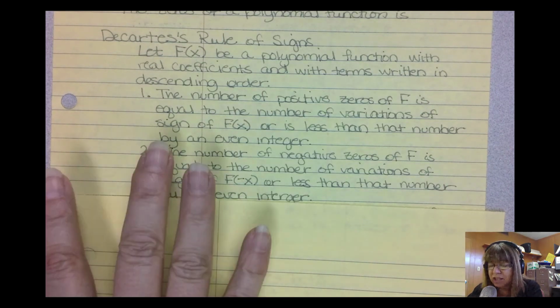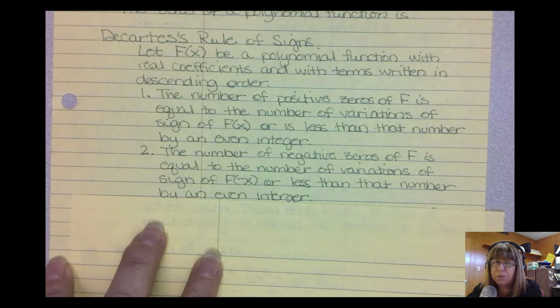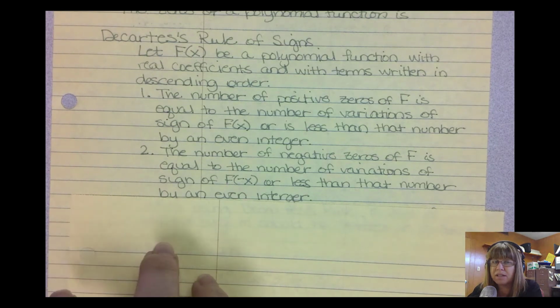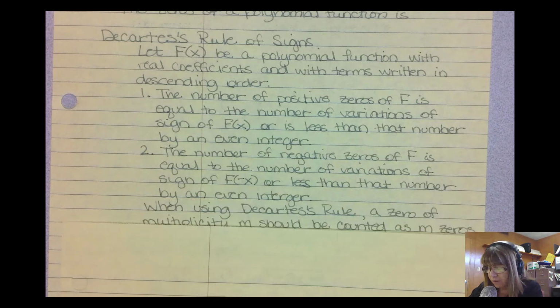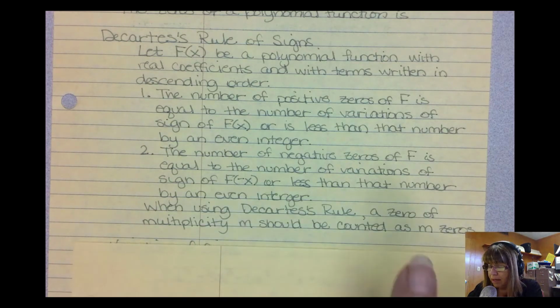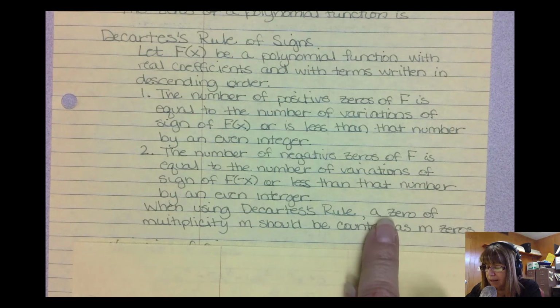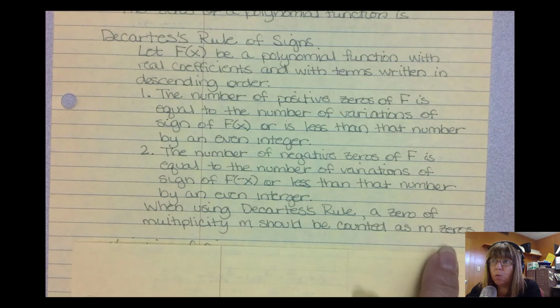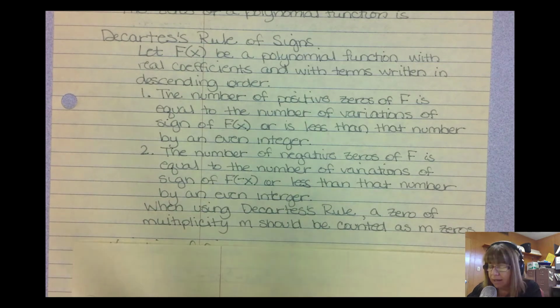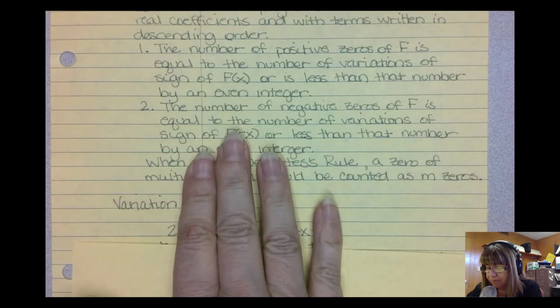It's just a nice tool that we have to be able to say, did we find all the positives? If we found all the positives, then we move on to the negatives. Now, a zero of multiplicity m should be counted m times. So once we find a solution, we do want to check it again. But once we've checked something below that value, we don't have to check it again. And we'll see an example of that.